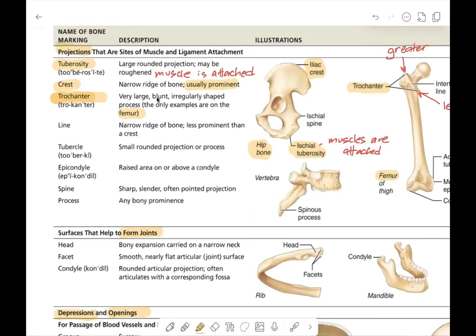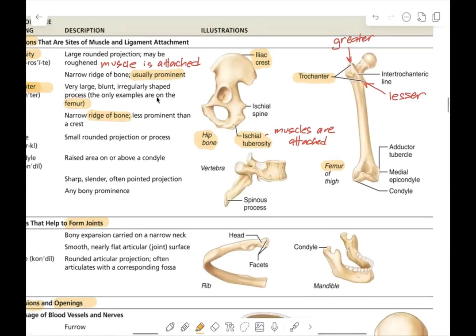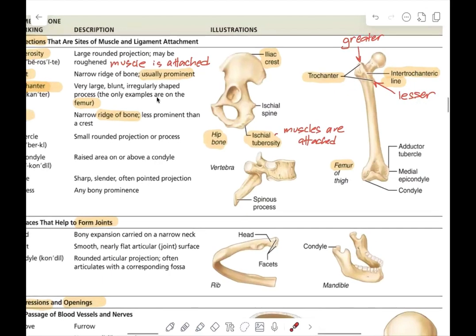We have lines, which are narrow ridges of bones, less prominent than a crest. So this is called the intertrochanteric line because it's between both the greater and the lesser trochanter.